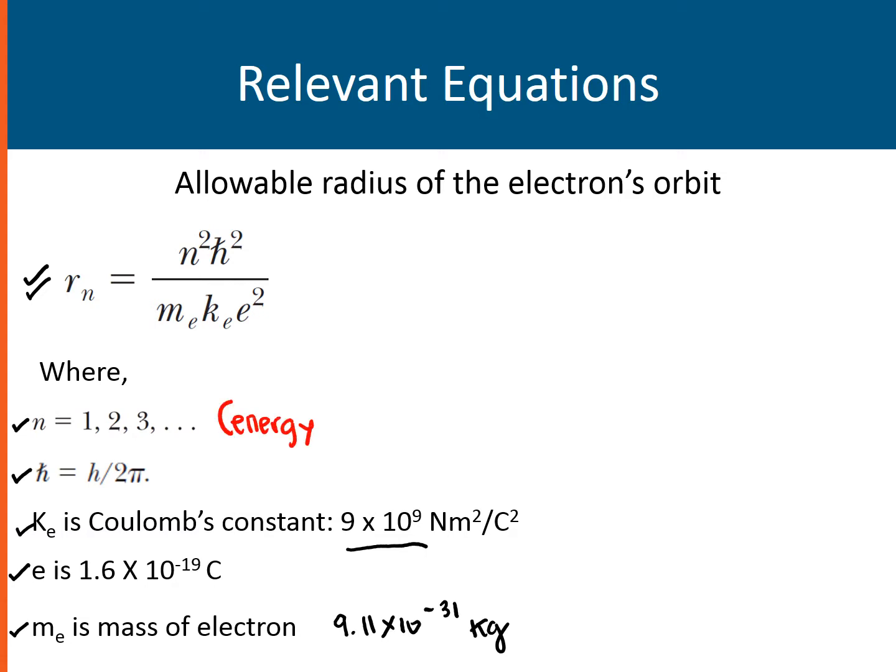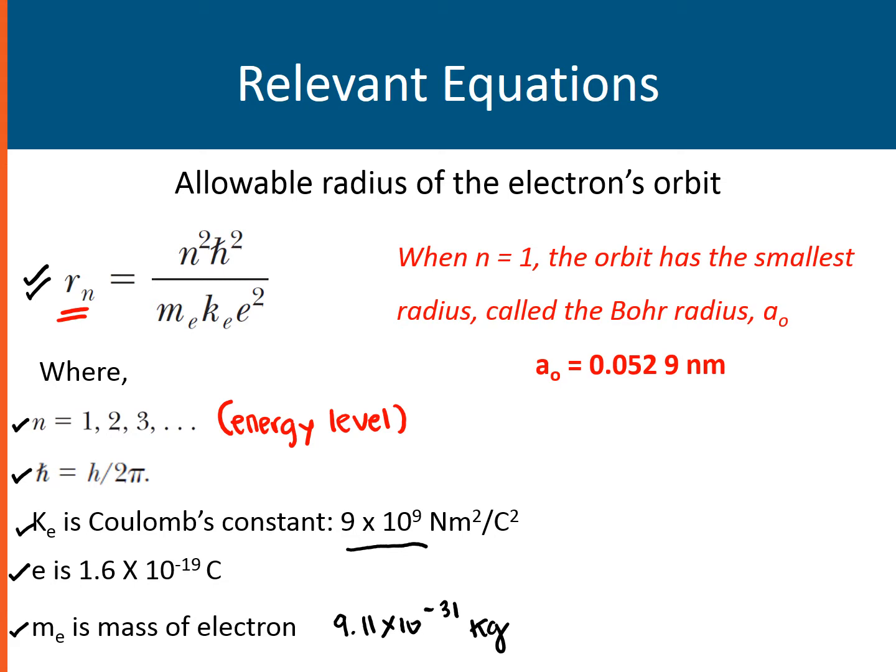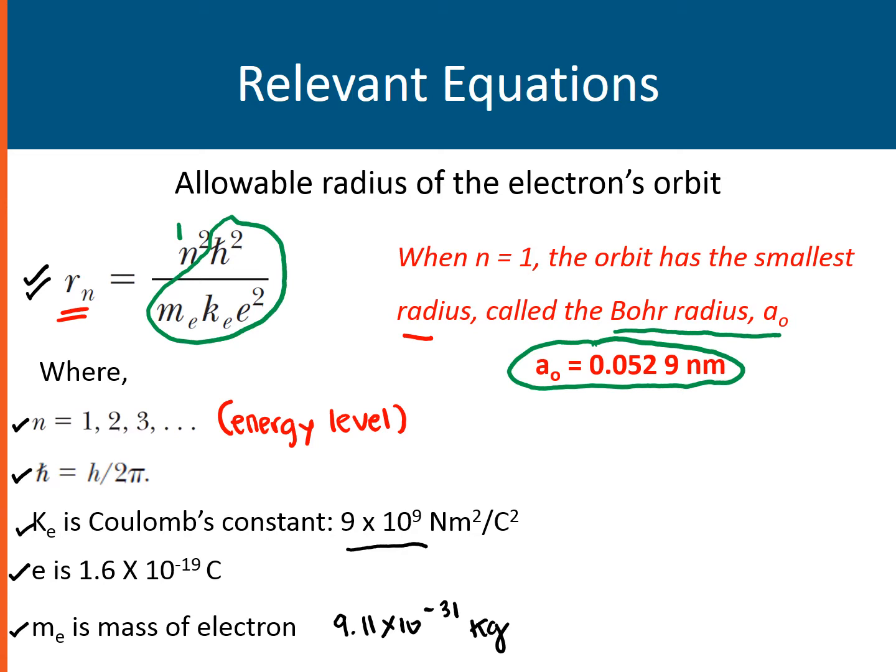So for example, r sub n simply corresponds to the radius of each energy level. So when n is equal to 1, the radius, or the orbit, has the smallest radius, and this is called the Bohr's radius, or a sub 0, and it has a certain value. So if we substitute n here with 1, and then this quantity here is actually a constant, therefore r sub 1 is equal to the Bohr's radius, and it has this value.